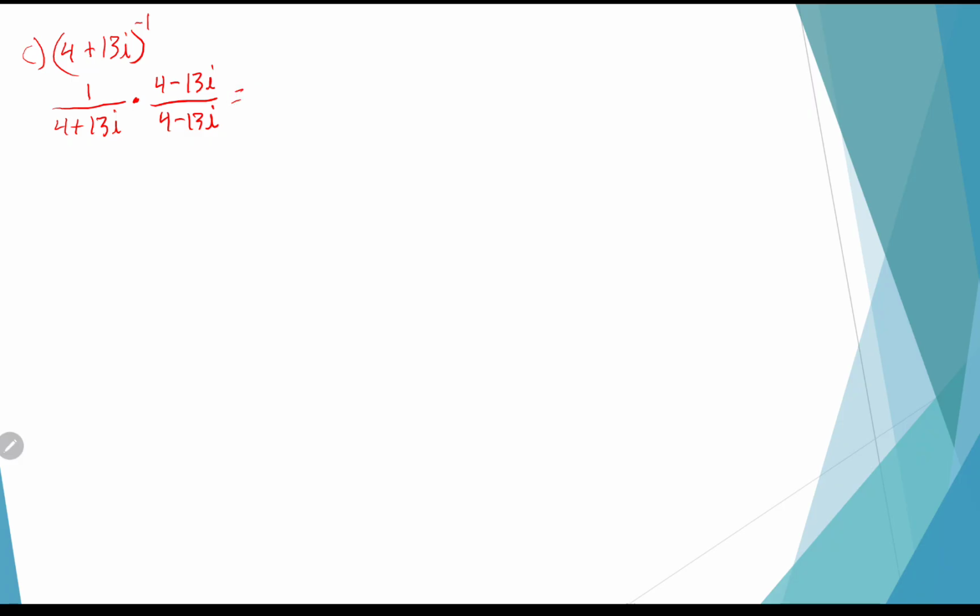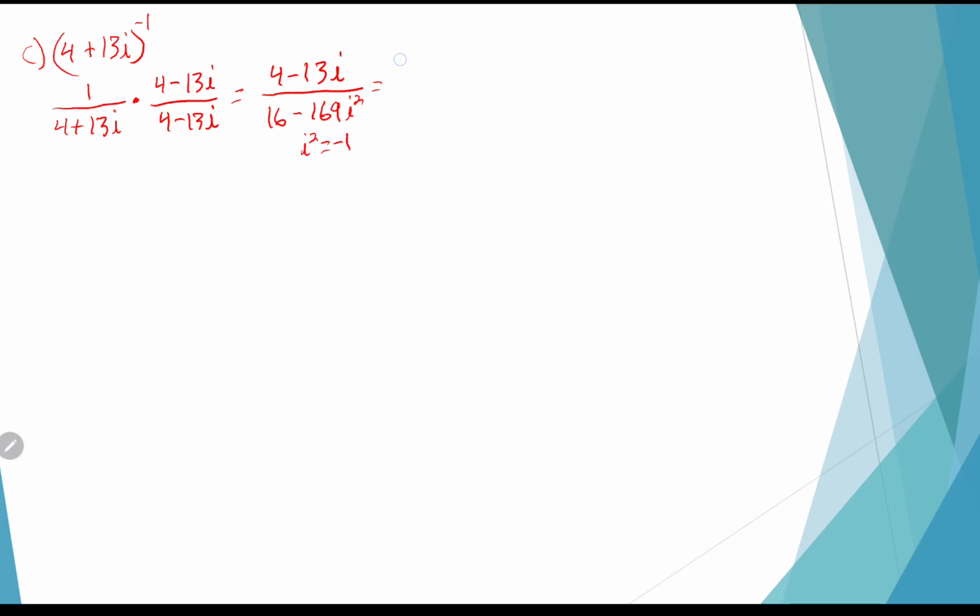So we've got to multiply by 1, and we'll clean it all up. What do we get? We're going to get 4 minus 13i, i being the complex number, and then 4 times 4 is 16. 13 times 13 is negative 169 i squared, which we know that i squared is equal to negative 1.